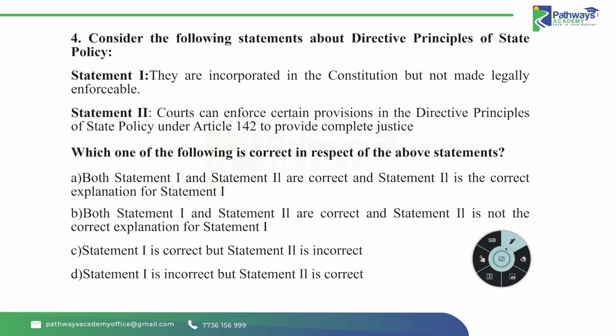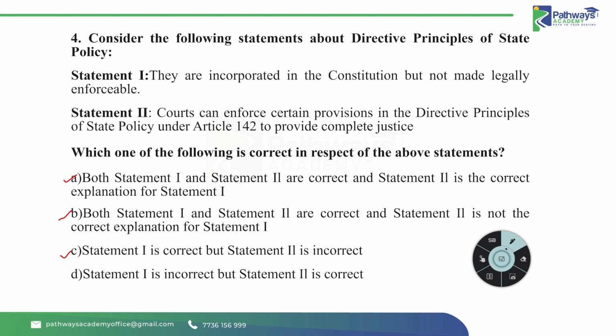The first statement says that DPSPs are provided in the Constitution, but they are of non-justiciable nature, non-enforceable nature. Very good. So statement number 1 is correct. Statement number 1 is correct means you have three options: 1, 2, 3. Very good. So we are going for the second statement.